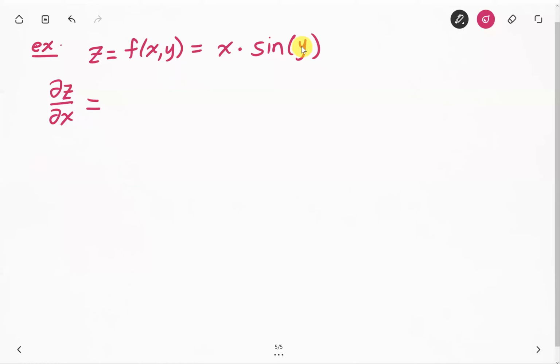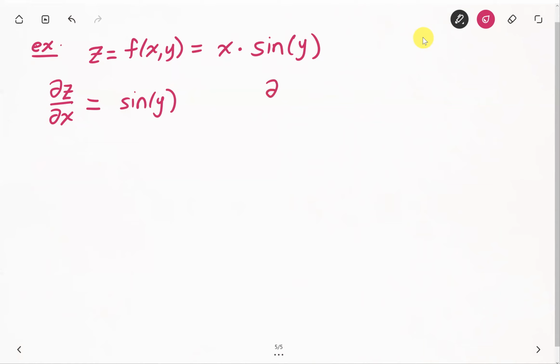And y is a constant. Sine of a constant is also a constant. So this function is truly x times a constant in the context of this problem. The derivative of x times a constant is just that constant. So the derivative here is dz dx equals sine y.